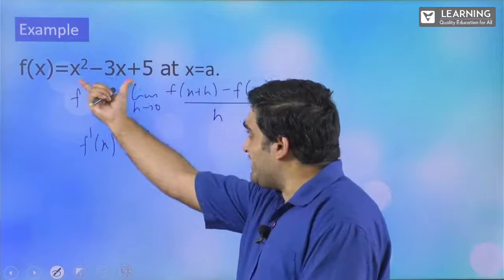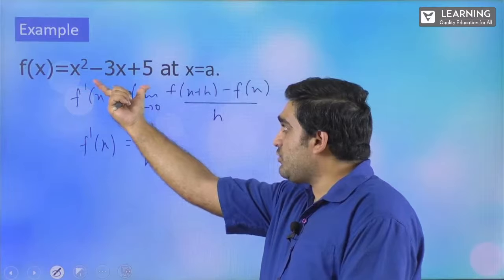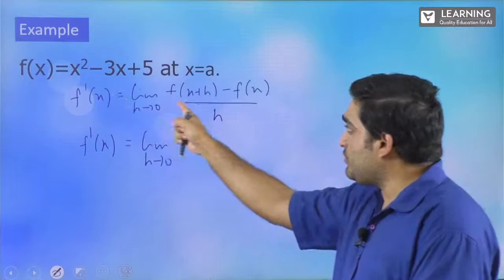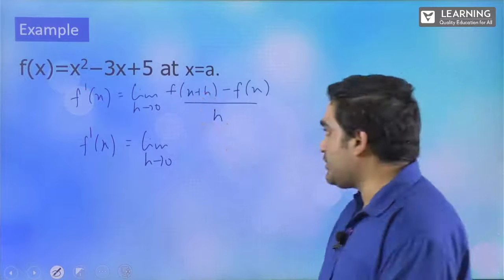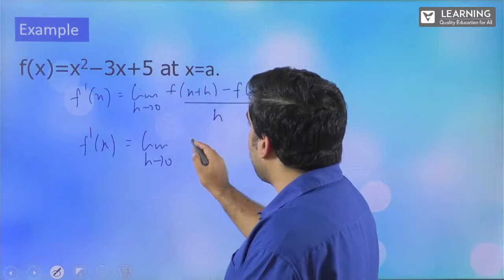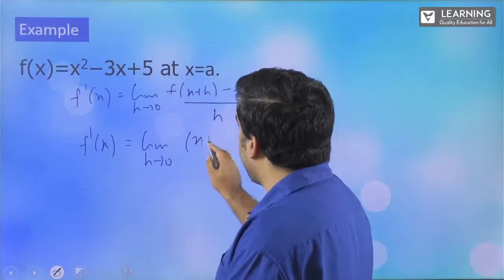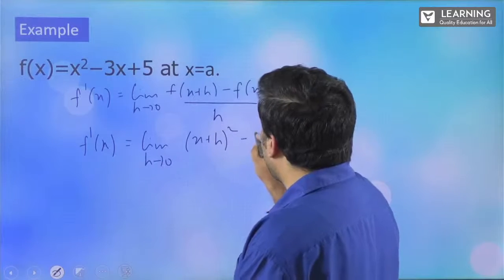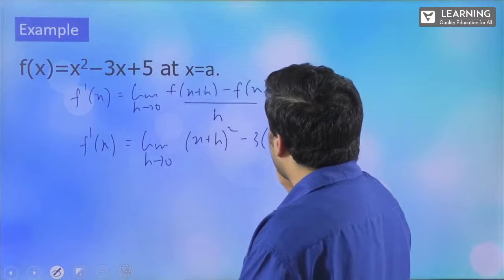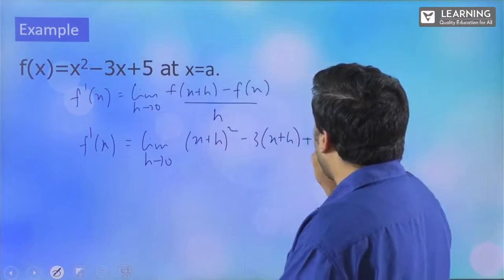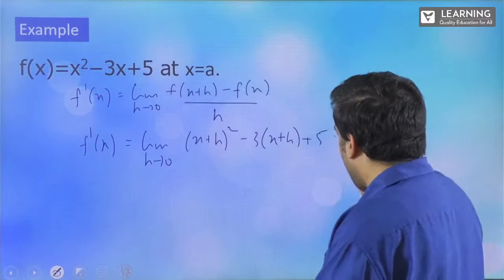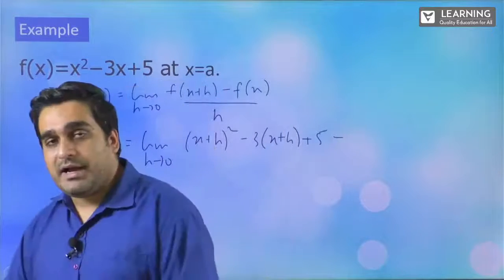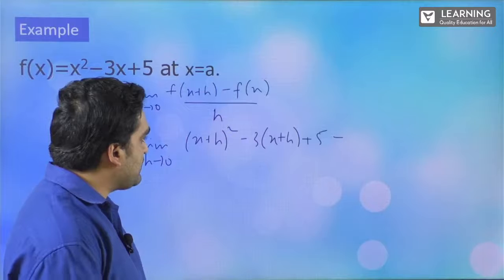So in place of x, I will substitute x plus h. The first step is to write x plus h the whole square, minus 3 times x plus h, plus 5, minus, because now I have to write minus f of x.